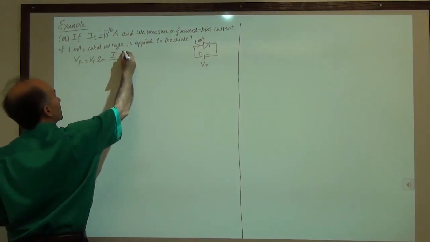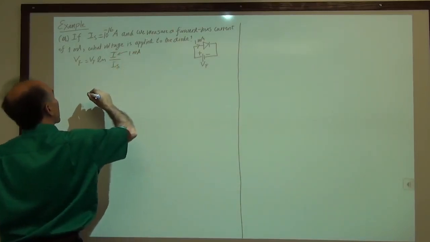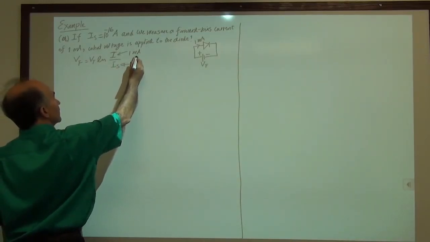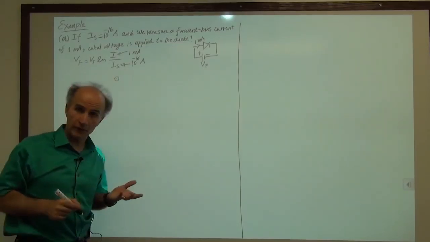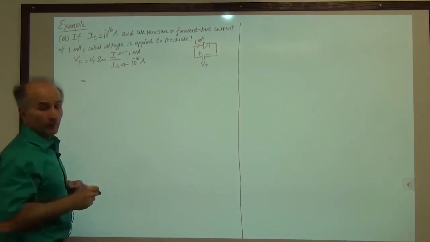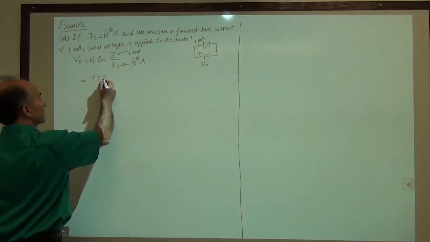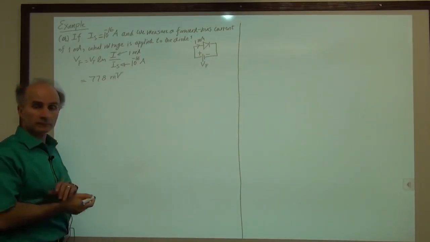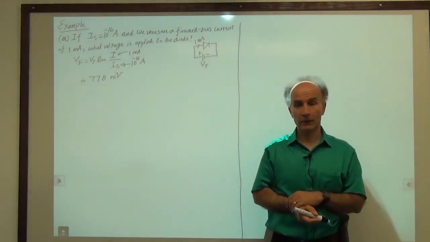And I is 1 milliamp, and IS is 10 to the minus 16 amperes. VT is 26 millivolts at room temperature. So that will give us approximately 778 millivolts.